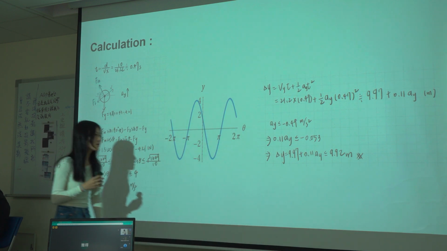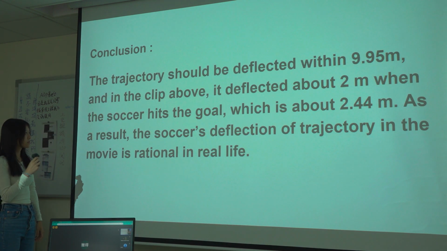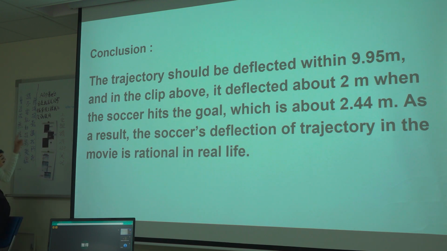The trajectory should deflect within 9.95 meters, and in the clip above, it deflects about 2 meters when the soccer ball hits the goal, which is about 2.44 meters. As a result, the soccer ball's deflection of trajectory in the movie is reasonable in real life.